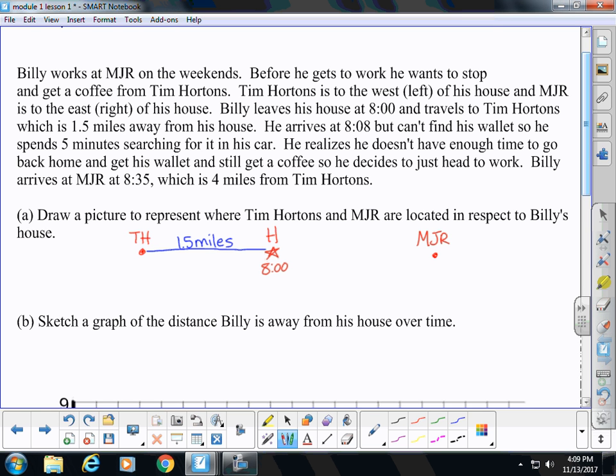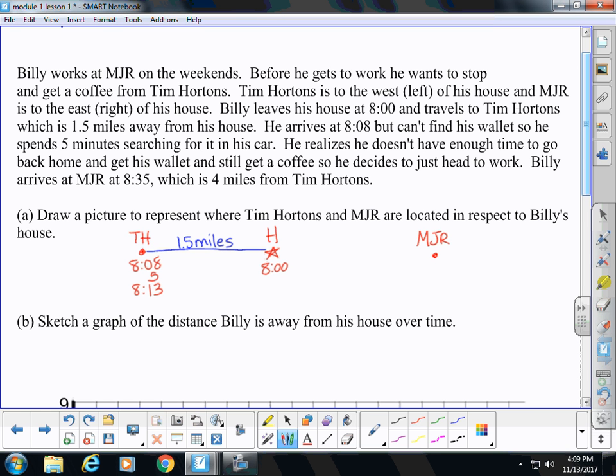And he gets there at 8:08. And he spends 5 minutes searching his car while he's there. So this is 5 more minutes on to the 8:08. So he's going to end up leaving there. 8 plus 5 is 13. He's going to end up leaving at 8:13.